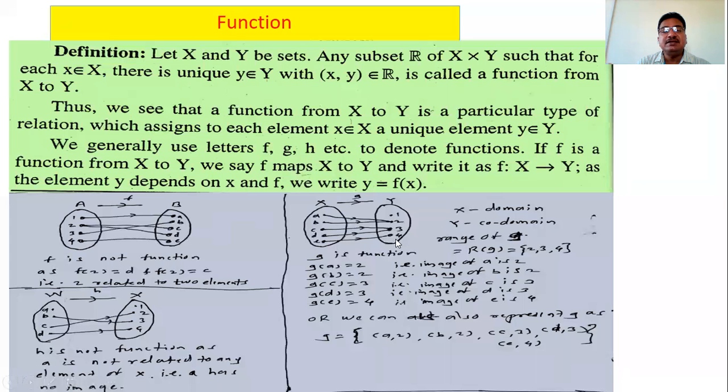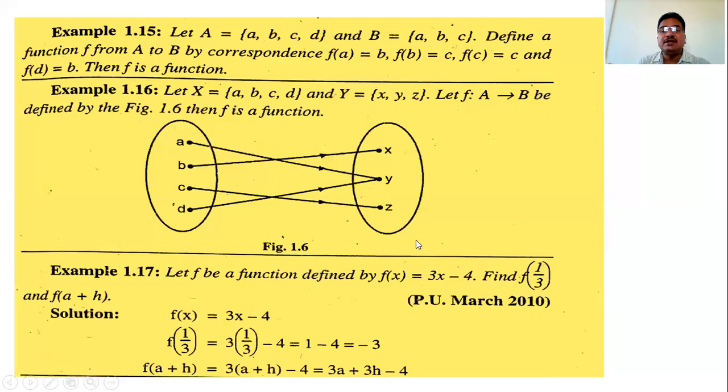When the function is injective, if the elements are different, the images are also different. So this function g, also shown in this diagram, is also not injective because you observe a and b, these two are different elements in x, but their images are same, and therefore these functions are not injective.